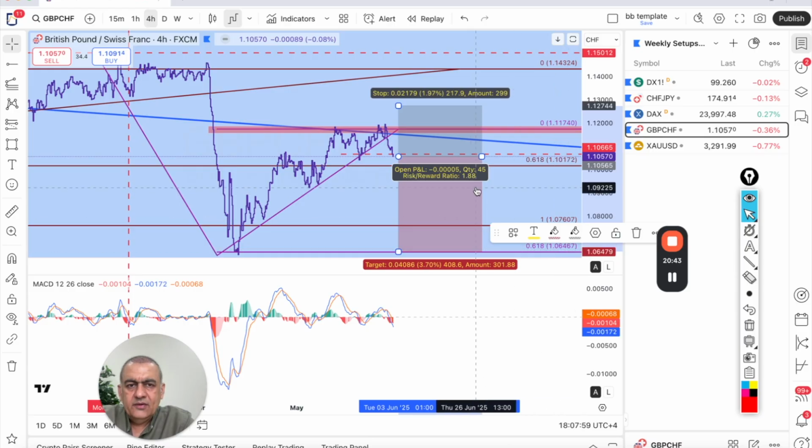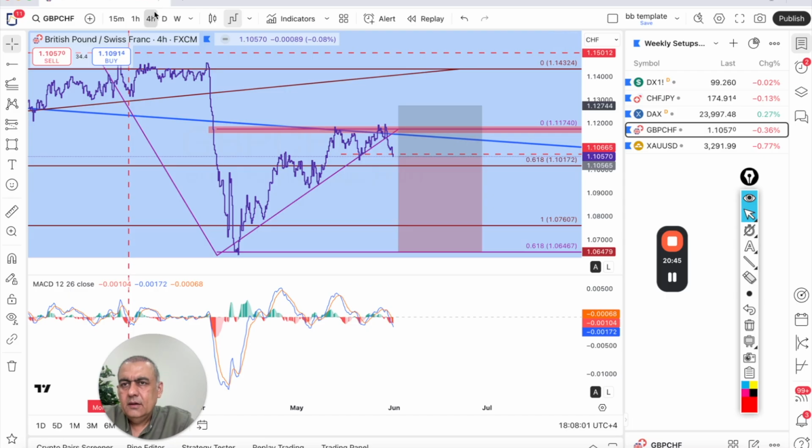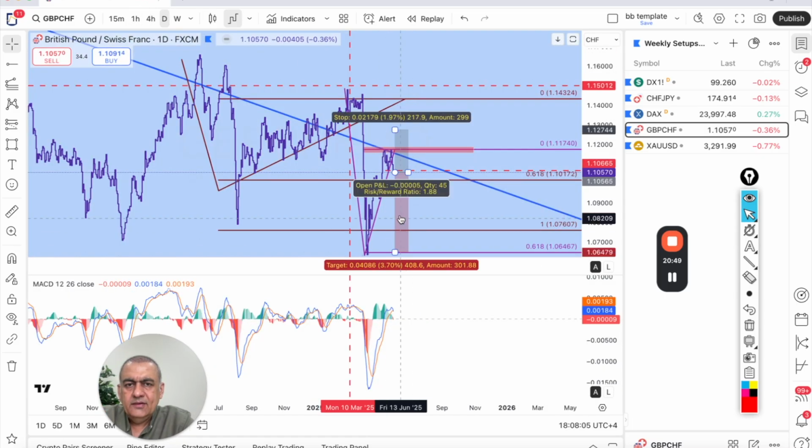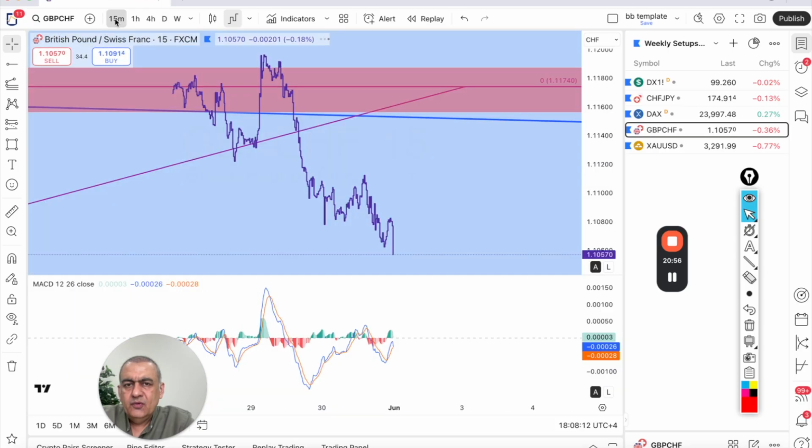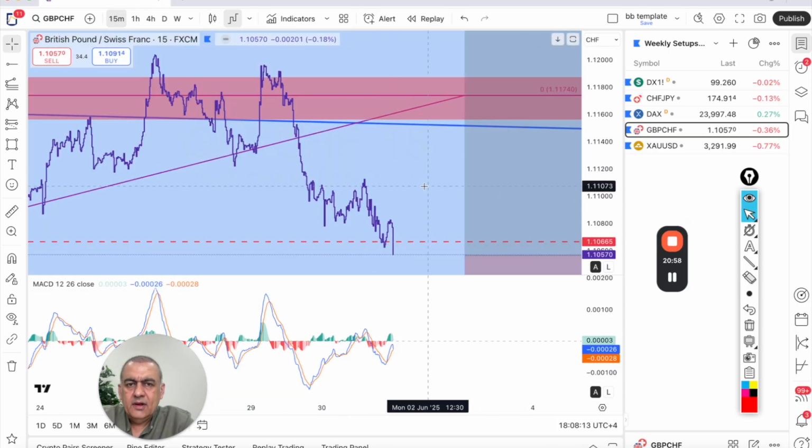So now your risk and reward is 1.88, because when I move back to daily, I see it has a great potential to move back to the previous low. Let's move to 15 minutes, and even on 15 minutes the environment is completely bearish. I can see a sequence of lower highs and lower lows.